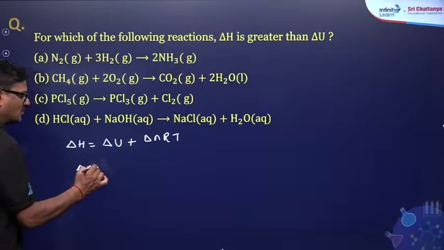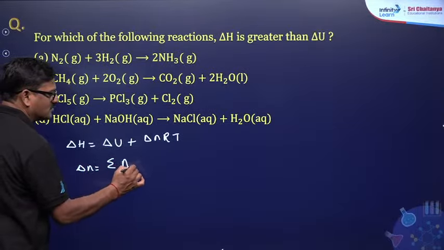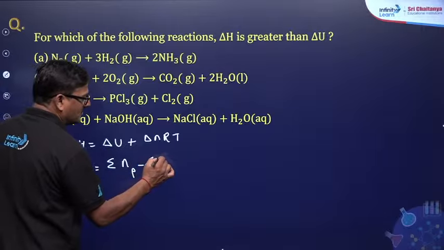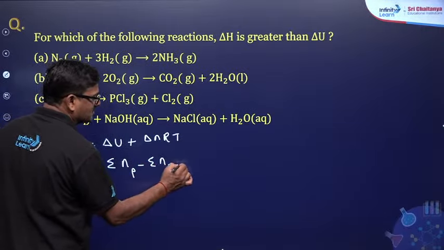Delta n is equal to the sum of the number of moles of the products minus the sum of the number of moles of the reactants in the gaseous state.